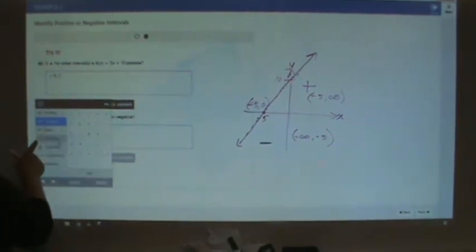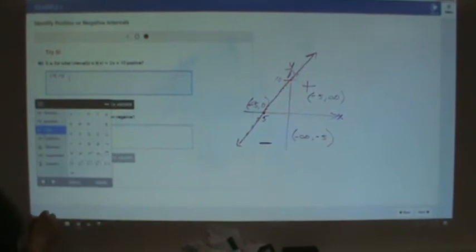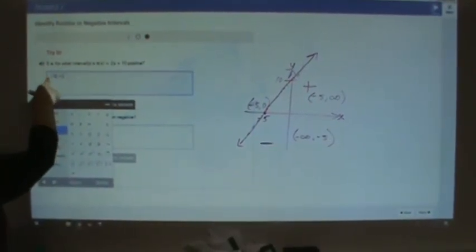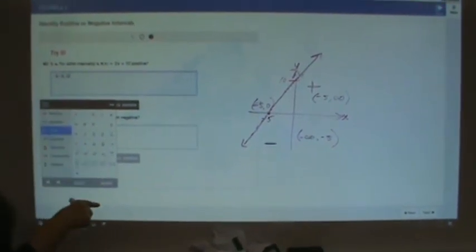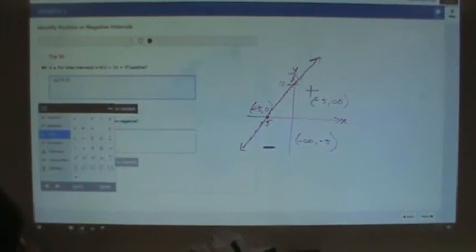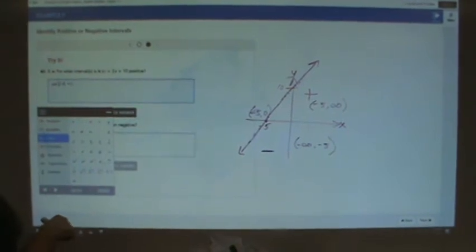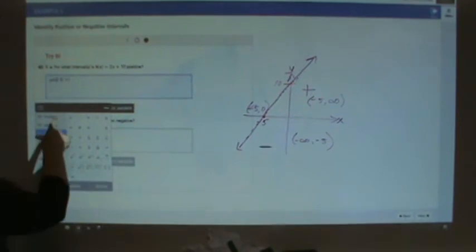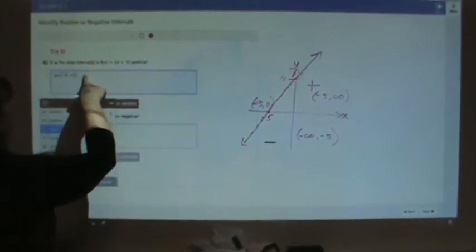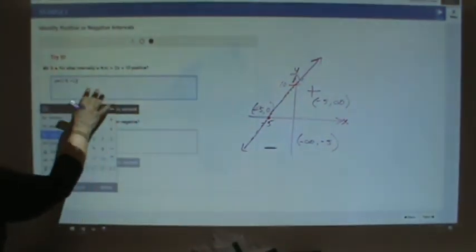Come back over here and put positive, and then put a colon. Then come down and put a comma here, space, and then put, oh, hold it, you don't need to do that, it's only that one.